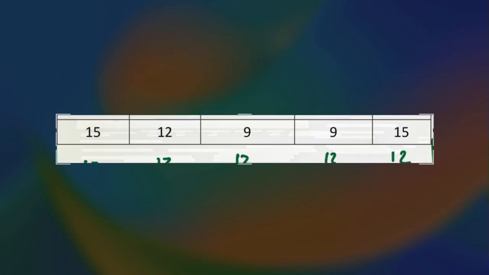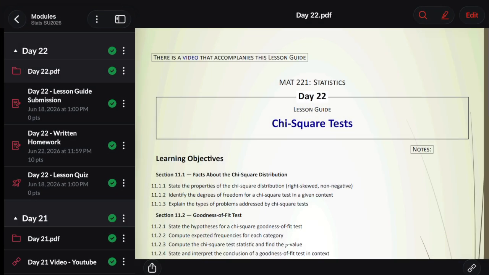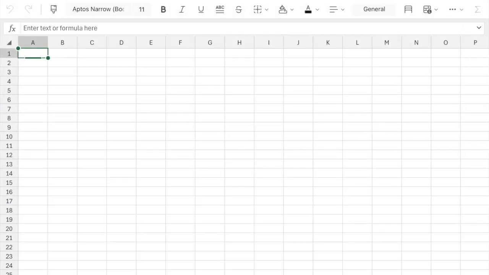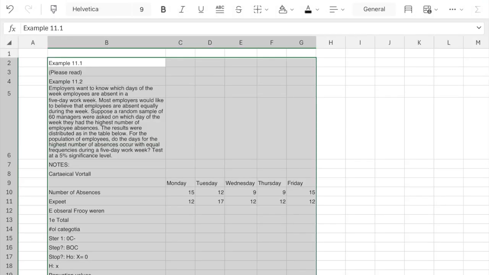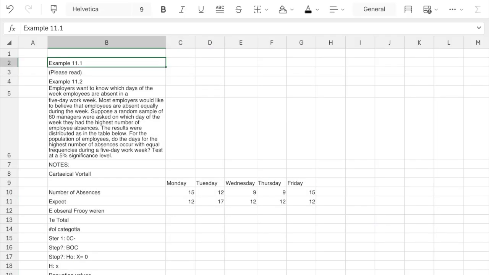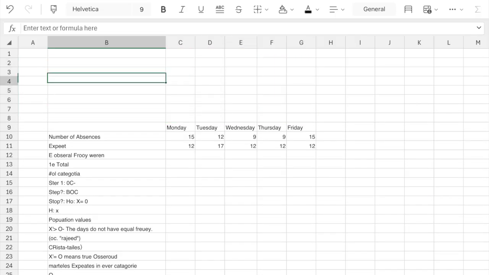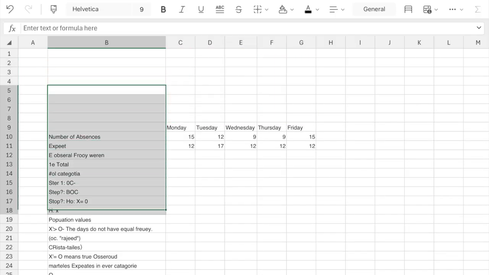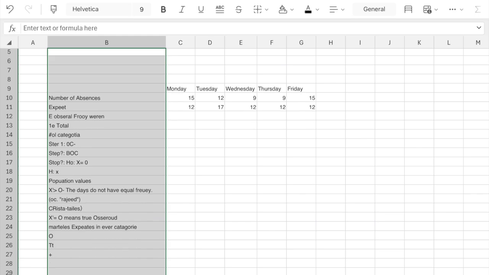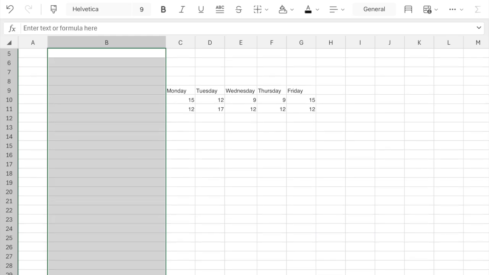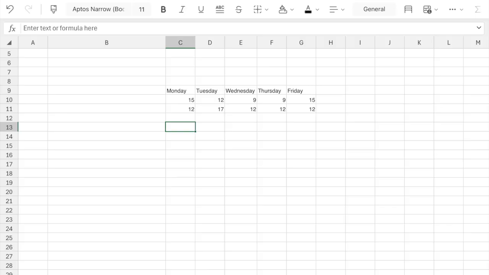Oh, that doesn't look promising. Come here, Command V. Oh, pretty good actually. All right, let's delete that. Delete that. Okay, and so here is my observed.